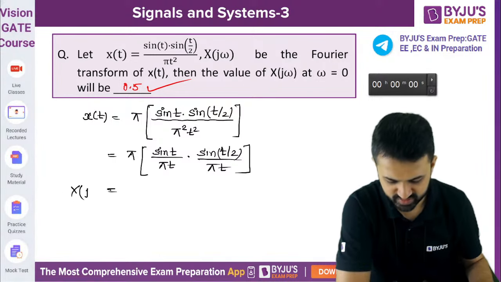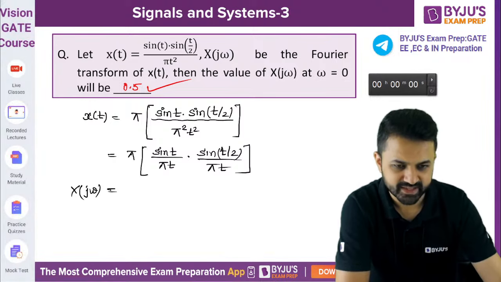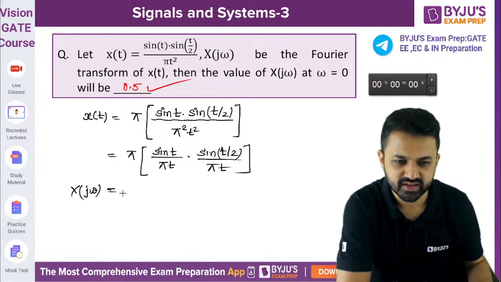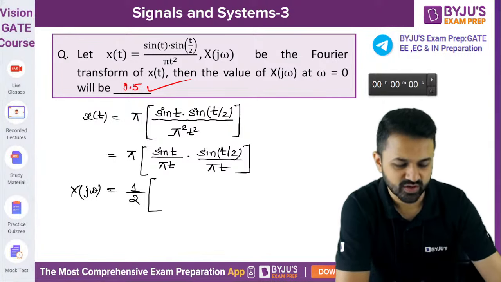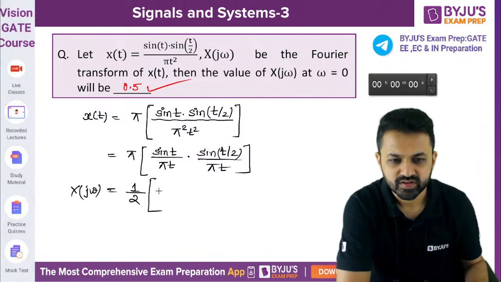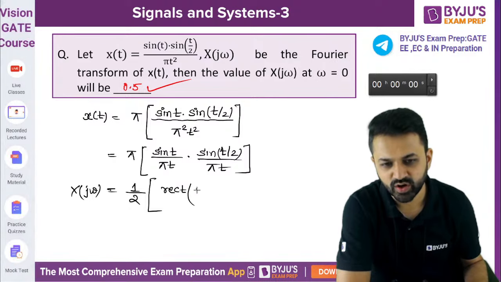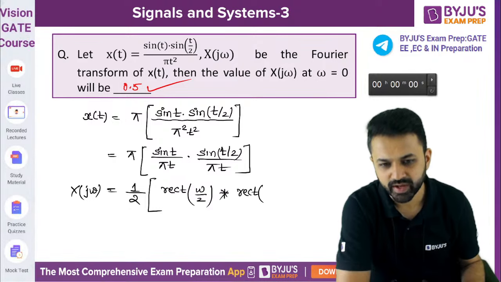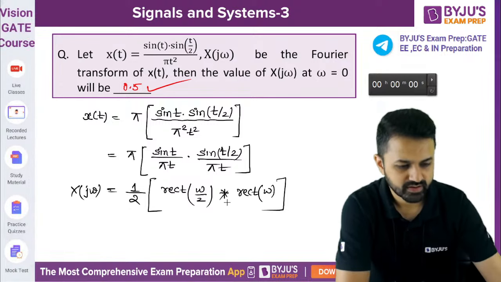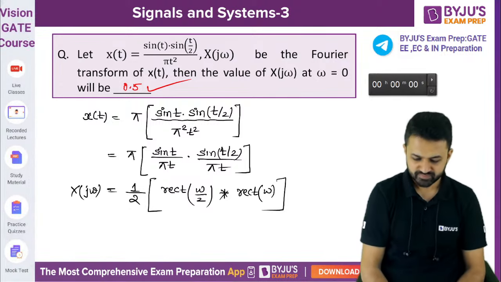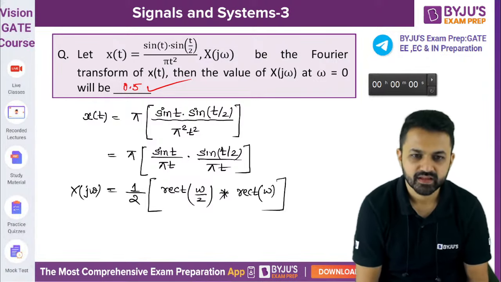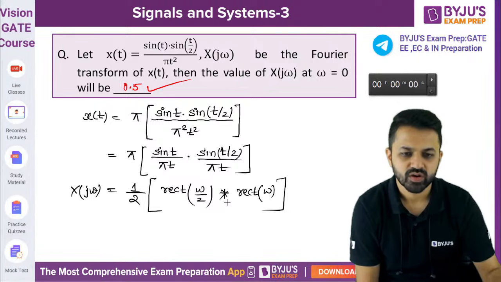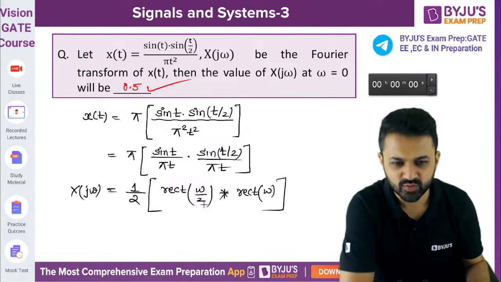So X of j omega is nothing but a rectangular of omega by 2 convolved with a rectangular of omega, divided by 2 pi. Okay, so now you will have to convolve it.